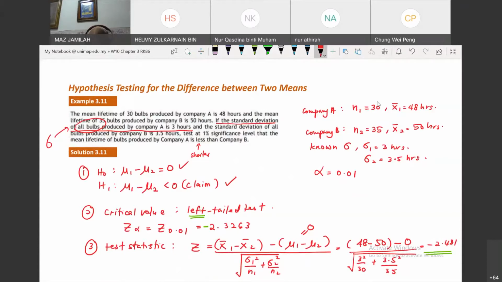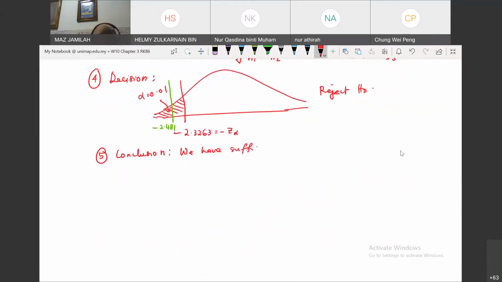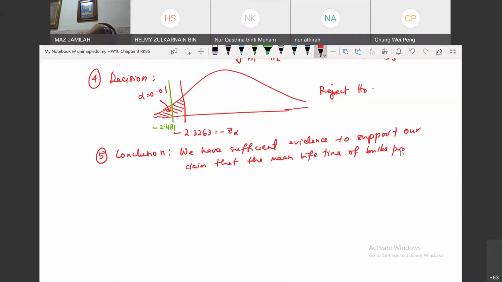Now we reject the null hypothesis, so we accept the claim, which means we have sufficient evidence to support our claim that the mean lifetime of bulbs produced by company A is shorter than company B. So that's how we make the decision.